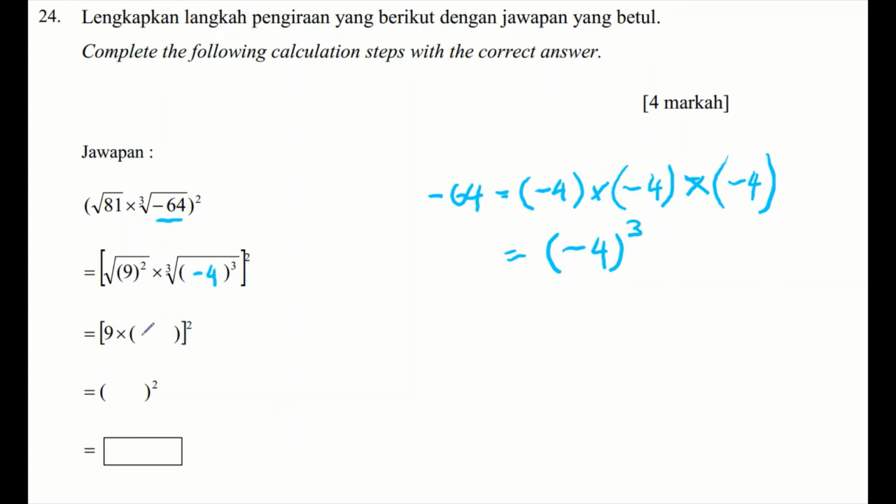So that leaves the numbers 9 and -4. Now you need to multiply 9 with -4. You will get -36.